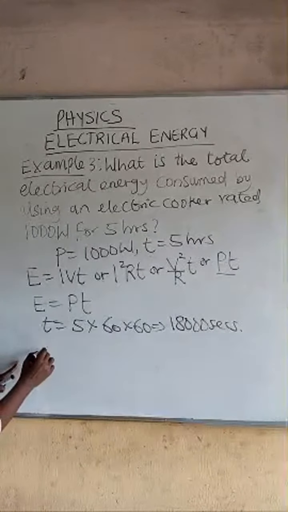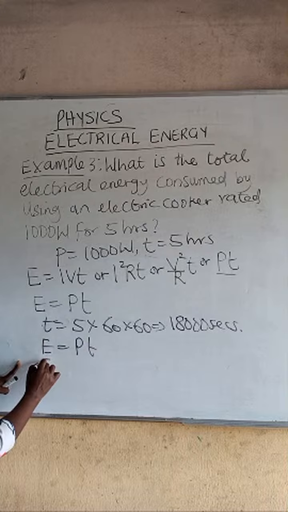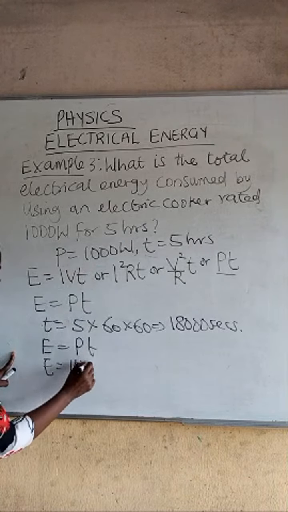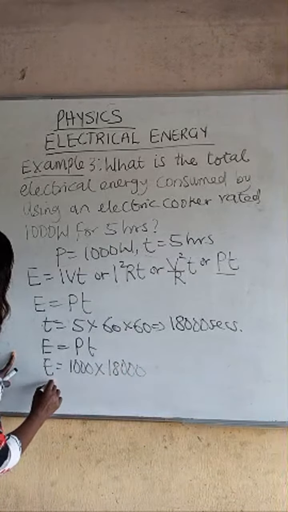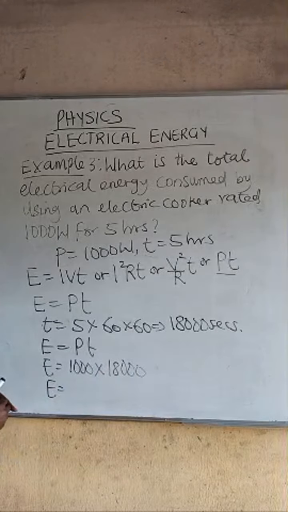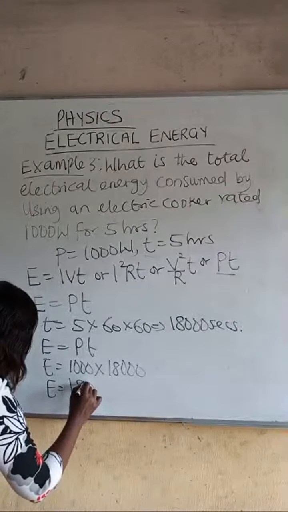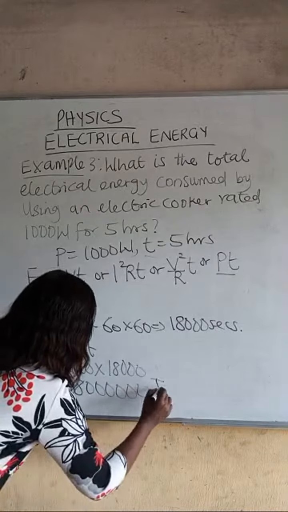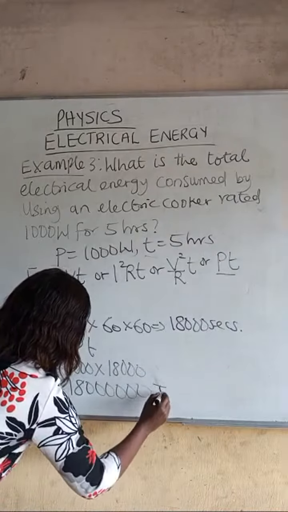So let's put in what we have. E is equal to power times time. My power is given as 1000, times time, which is given as 18,000. By the time you multiply, I'm going to have 18 million joules.